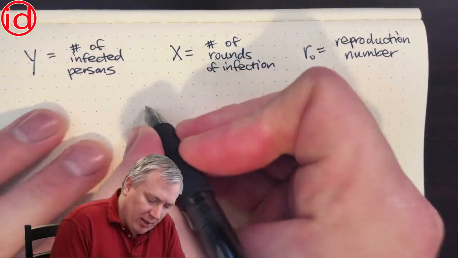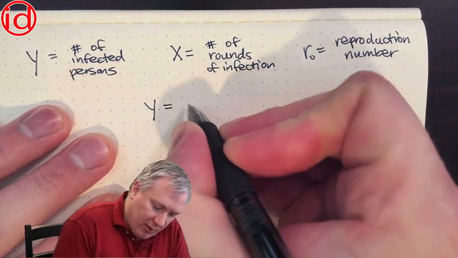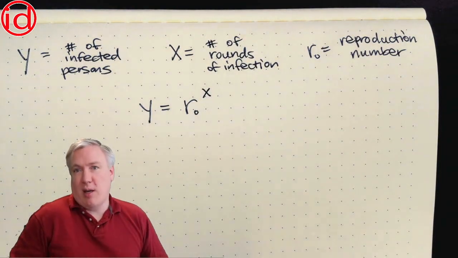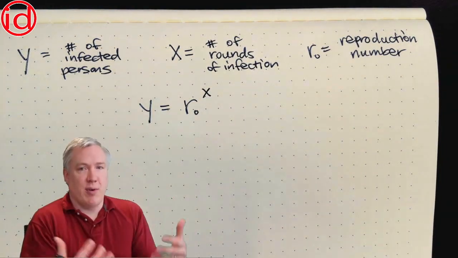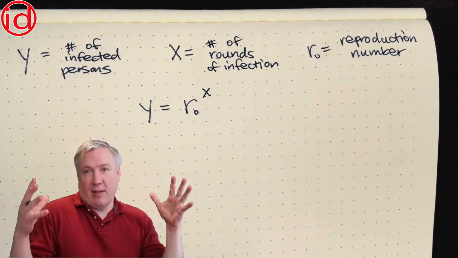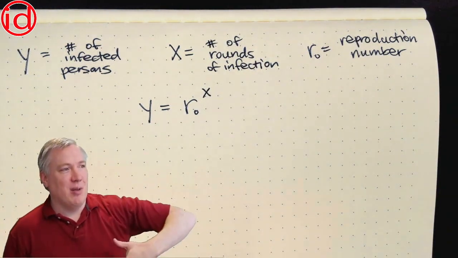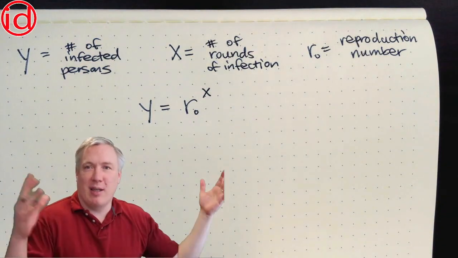Our basic equation was simply that y was equal to r naught to the x power. Every time that this disease spread, you were multiplying by its reproductive number. But this obviously is way too simple. This assumes that basically there's an infinite number of people and they can continue to get infected.